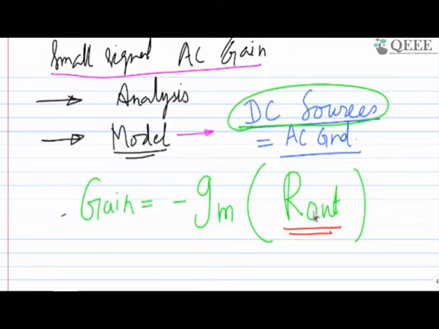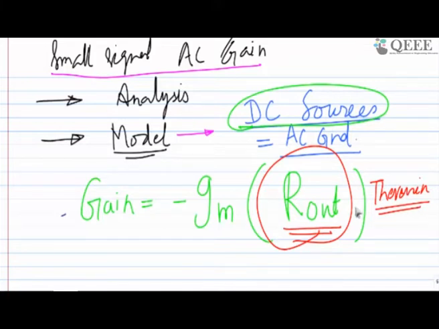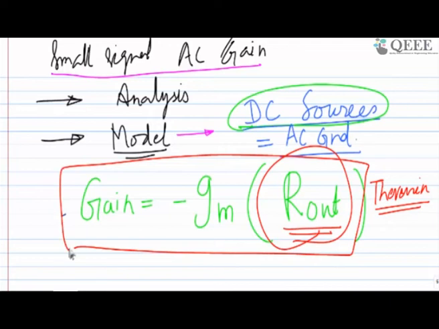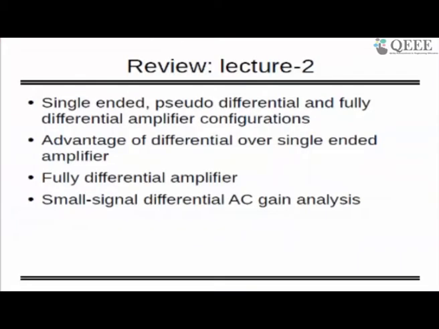This also needs some hand calculation, but you have to follow the Thevenin theorem. Through the Thevenin equivalent circuit, you can find out how much Thevenin equivalent resistance you are seeing through the circuit, and that will give you the gain. So you have to understand that it's minus GM times R out. Now let's go to the next part.